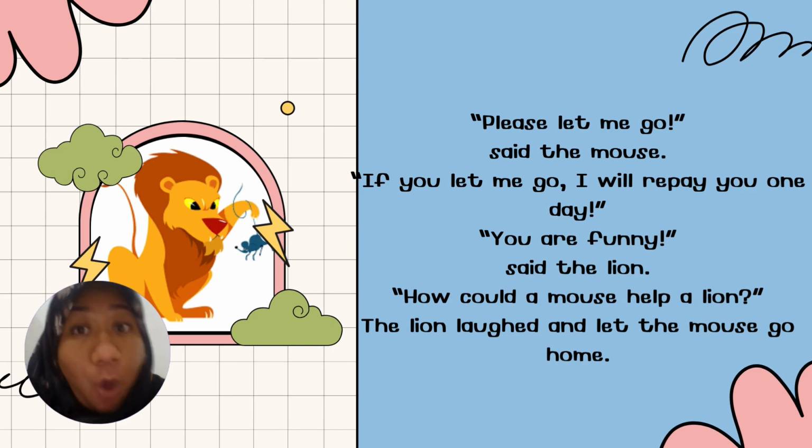I If you will spare repay me, you I one promise day. to help you one You day. are The lion, funny, said the amused lion. by the idea of a How could a tiny mouse mouse helping help a him, lion? laughed and The said, lion laughed "You and are let the funny. mouse go How could a home. mouse ever help a Please lion?" let me go, This said the mouse. highlights the theme If you of let the me go, I will underestimating repay others you based on one their day. size or You appearance. are It funny, reminds said us the that lion. we should not judge How could a someone's mouse potential help a based lion? on their outward The lion laughed and let characteristics. the mouse go Despite his home. initial disbelief, Please let this me lion go, decided to said the let the mouse mouse. go, If you let me go, showing I that will repay even you the one mightiest day. can show mercy.